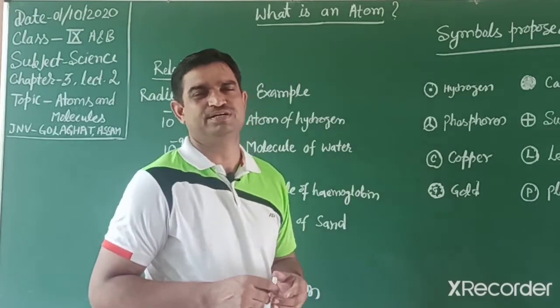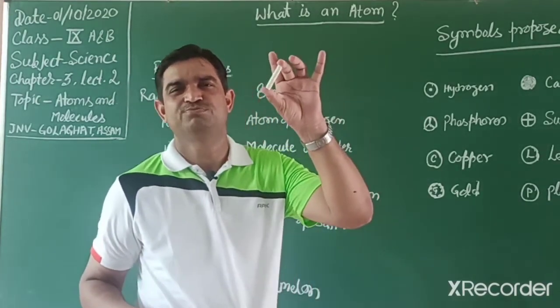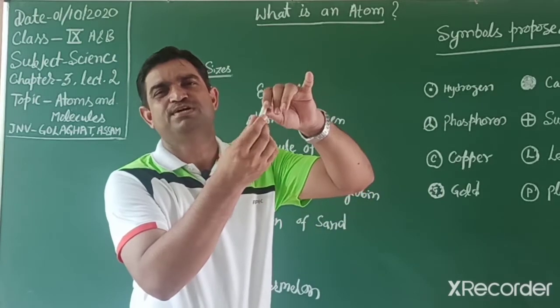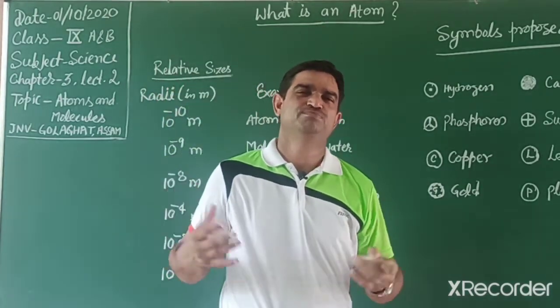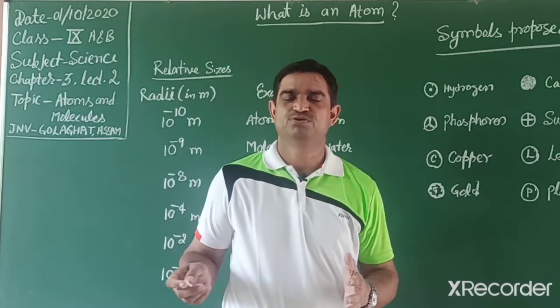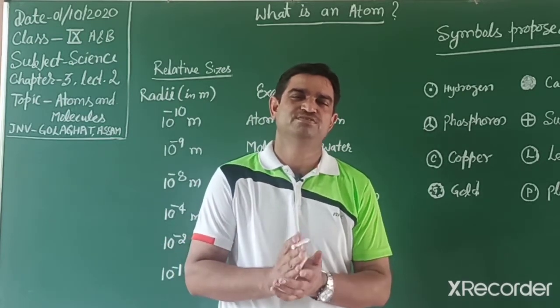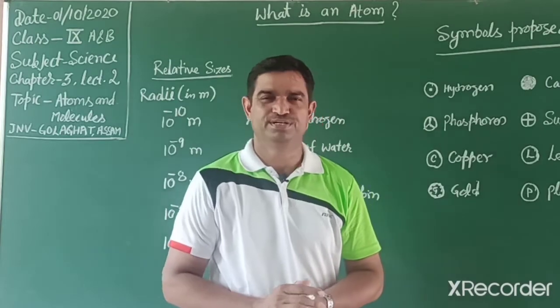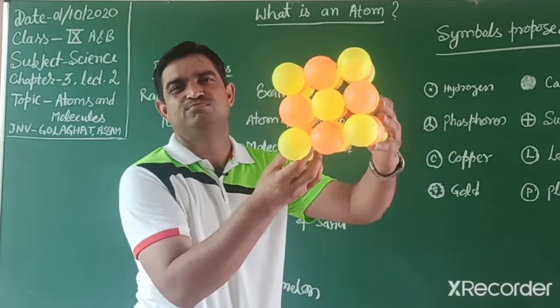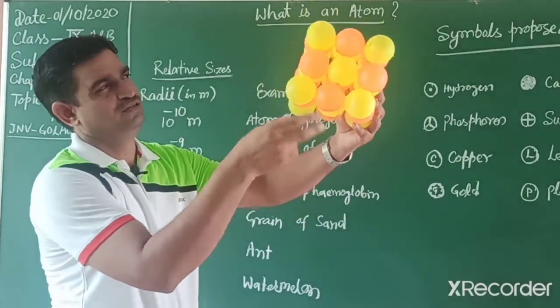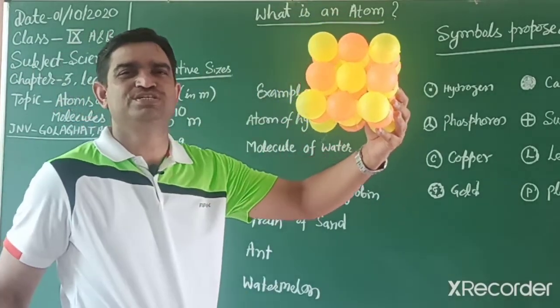In a similar way, everything, suppose this is a chalk piece, what is its constituent particle? The building block of matter is known as the atom, because different atoms combine to form a huge structure. I can show you a model. In this model, this one is a cubic shape.